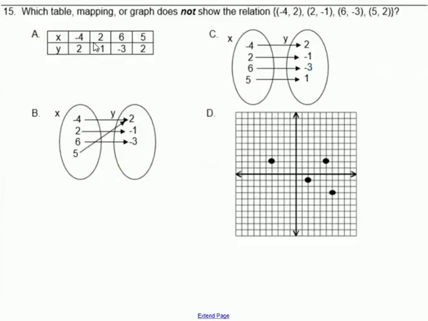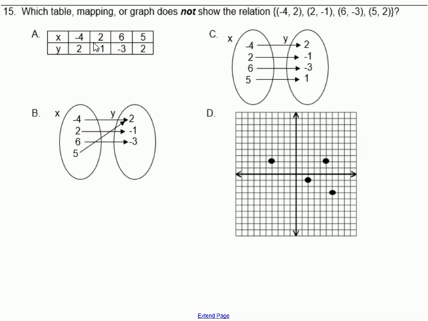Number 15, which table, mapping, or graph does not show the relation negative 4, 2, 2, negative 1, 6, negative 3, and 5, 2? Okay, so notice we're given a set of ordered pairs and we have to match those up with 4 different relations to see which one does not match.